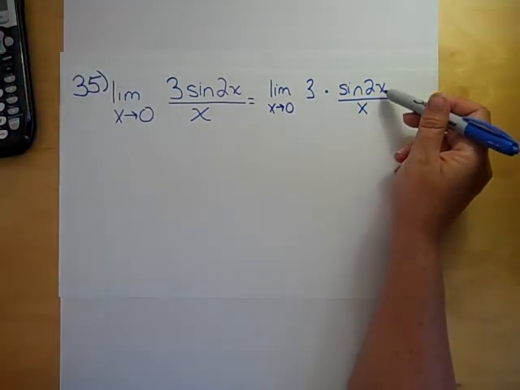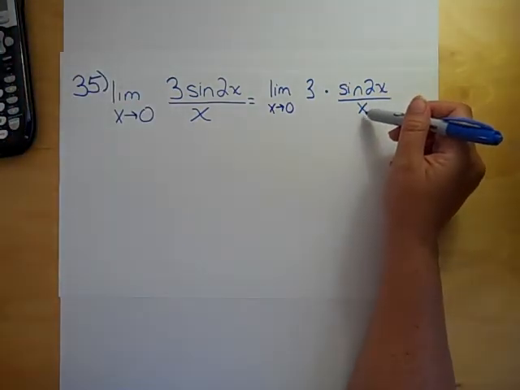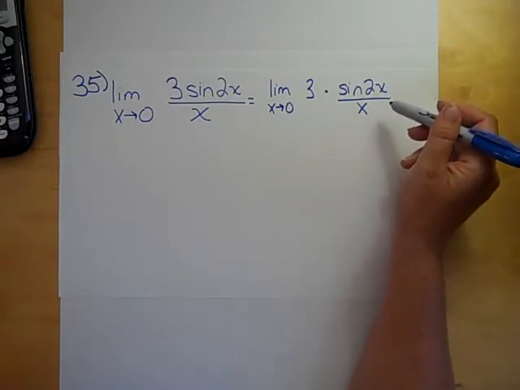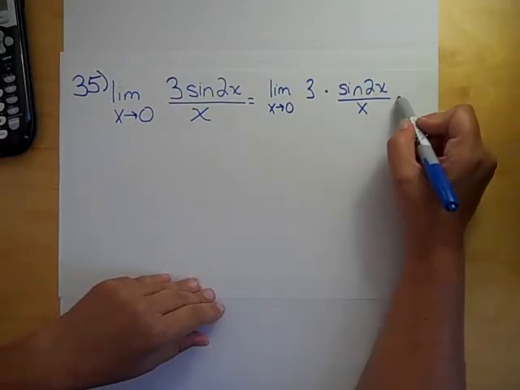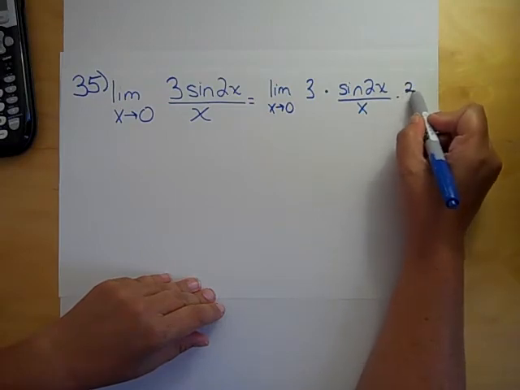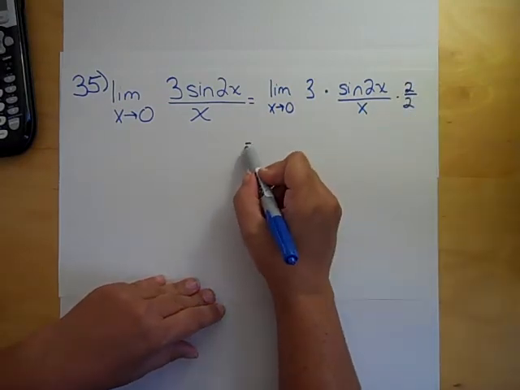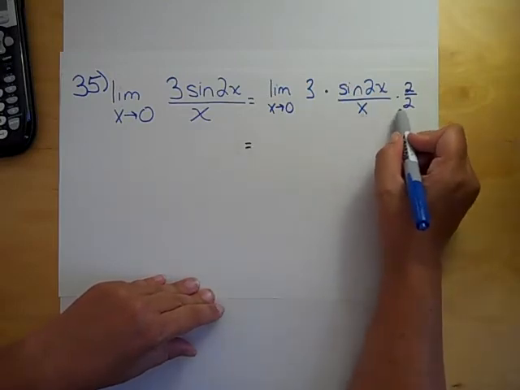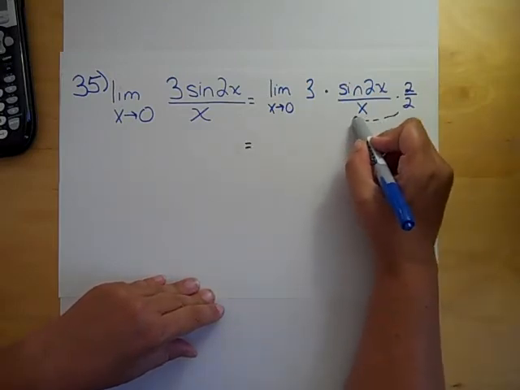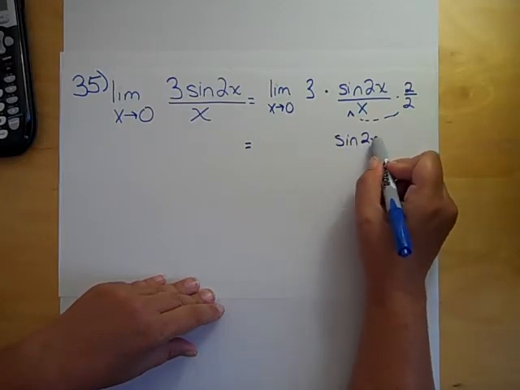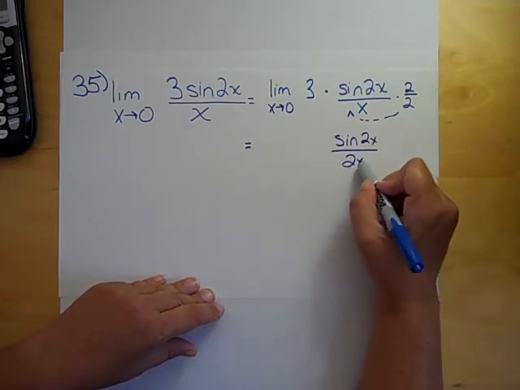So we have 2x. If we simply add a 2 in the denominator, then we could use the special limit. So we need to multiply the numerator and the denominator by 2. So that's going to work because we can just move this 2 over here and we get sine 2x over 2x.